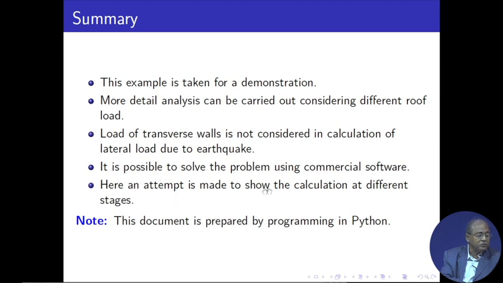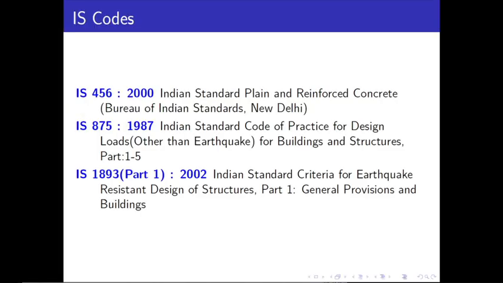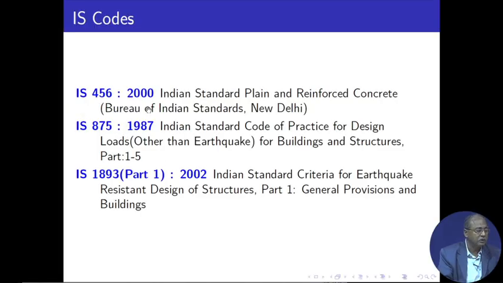Here an attempt is made to show the calculation at different stages. This document is prepared by programming in Python. Whatever analysis, everything has been done in Python. So, with this, finally, the IS codes, IS 456 2000, IS 875 1987, IS 1893 part 1 2002, there are five parts, all those things are there.